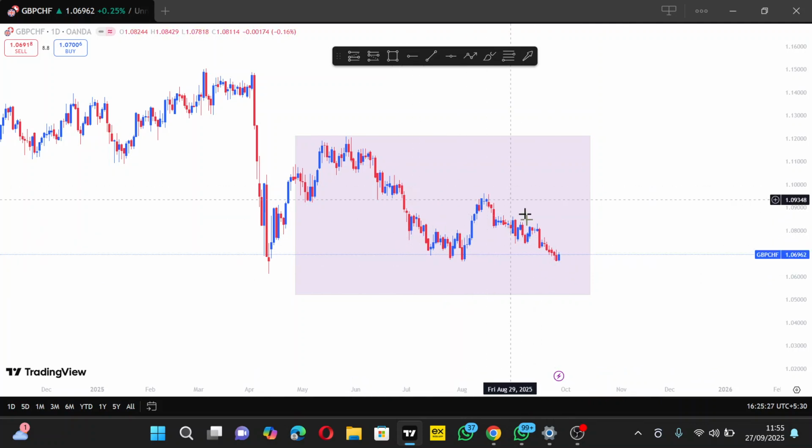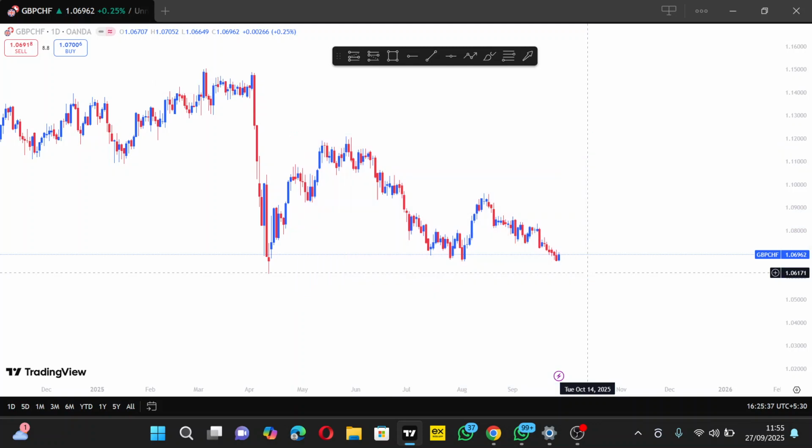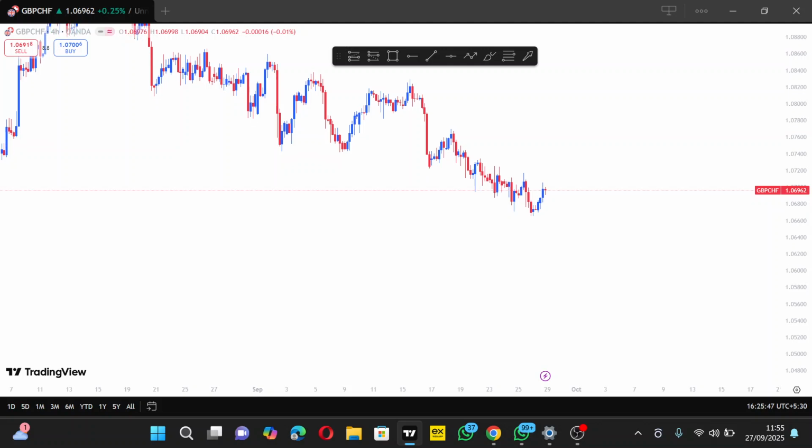I don't trade GBP CHF. There are other good pairs to trade, all these GBP and Swiss Franc. But let me give you an analysis. For me, I will still be selling. I will not buy this one. But let me just give you what I'm seeing here. But I'm not trading it.